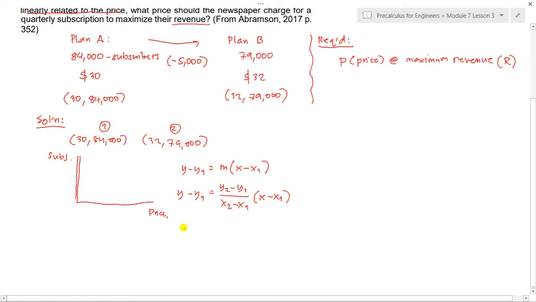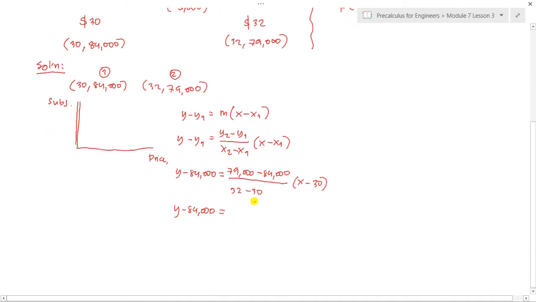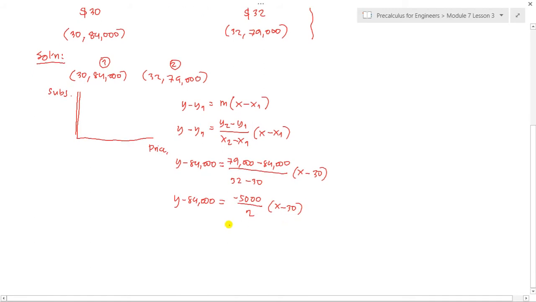So our y sub 1 would be 84,000. That is y minus 84,000 is equal to y sub 2, which is 79,000, minus 84,000, all over x sub 2, which is 32, minus x sub 1, 30, times x minus 30. Simplifying the slope, y minus 84,000 is equal to 79 minus 84, that is negative 5,000, divided by 2, times x minus 30.